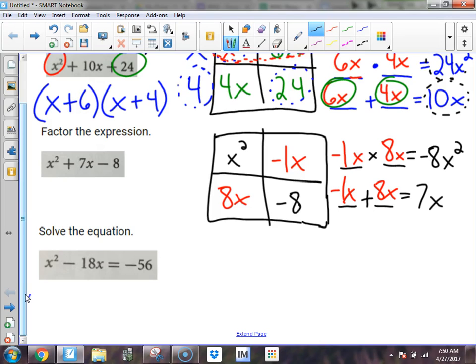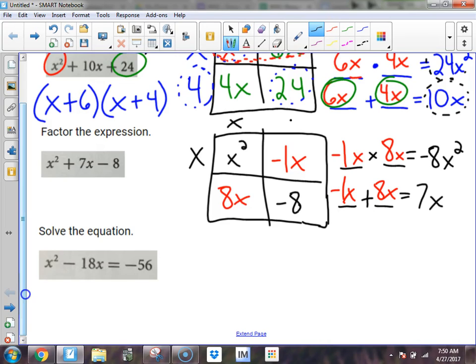If there's an x squared in the top left-hand corner, then it's always going to be x times x. Again, you might not always have an x squared at the top left-hand corner. This helps us out a ton.